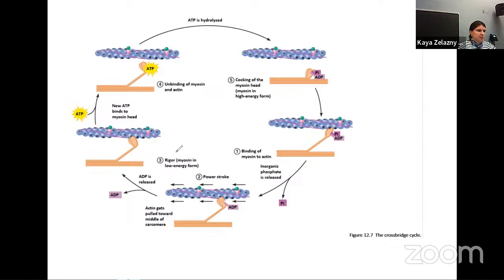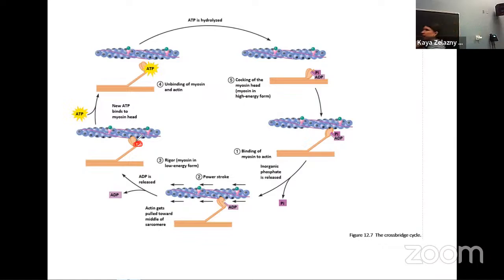So after rigor, our myosin was in the low energy form. We bind on ATP. And we're going to return to the beginning, right? This is what this whole next half of this cycle is happening. So we have our low energy form. New ATP is binding to the head, right? So the ATP is going to bind on here.